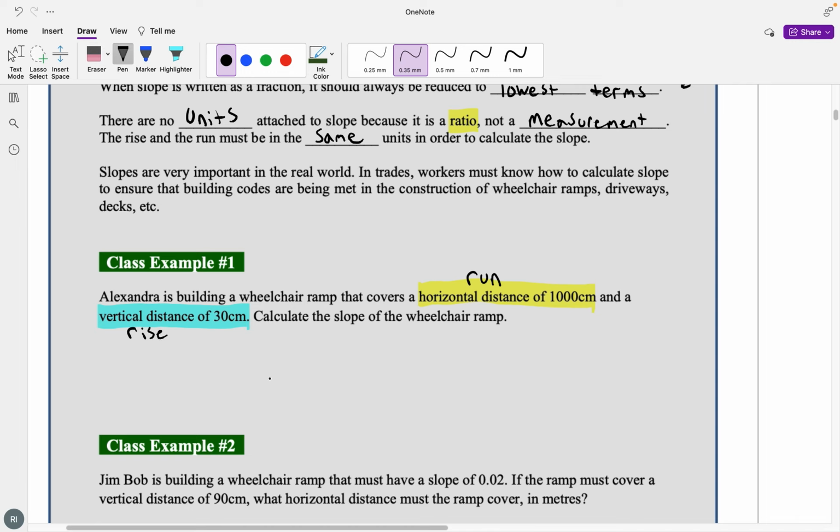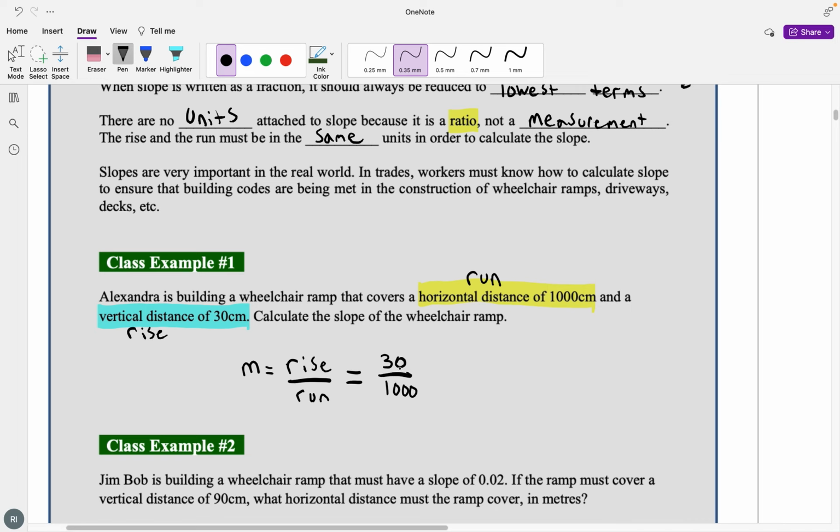So, next step is to write the formula that we see above. M equals rise over run, and then we need to substitute the values for rise and run. 30 divided by 1,000, and at this point you could type it into your calculator.